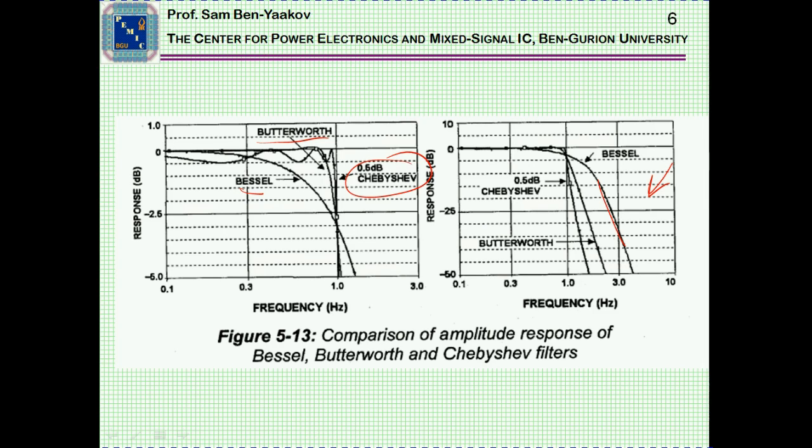For example, the Bessel function here goes very quickly down, while here it's moderate. In some cases you'd like it to go very quickly to cutoff, but it will affect the phase and the time response. So in some applications, you have to tailor the response to the particular application.